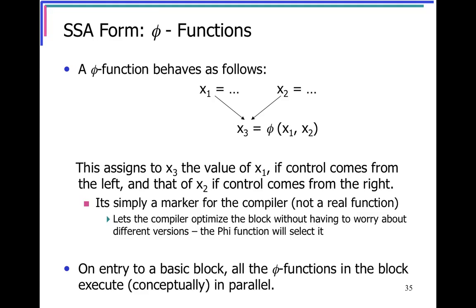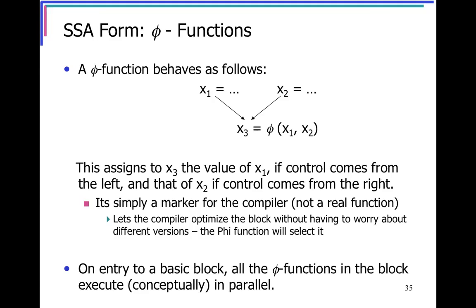The phi function does this join. It's an operation that, when it's executed, does the join to select the correct assignment depending on which path was taken. In this example, this assigns to x3 the value of x1 if control comes from the left, and the assignment that occurs is from x2 to x3 if control comes from the right.